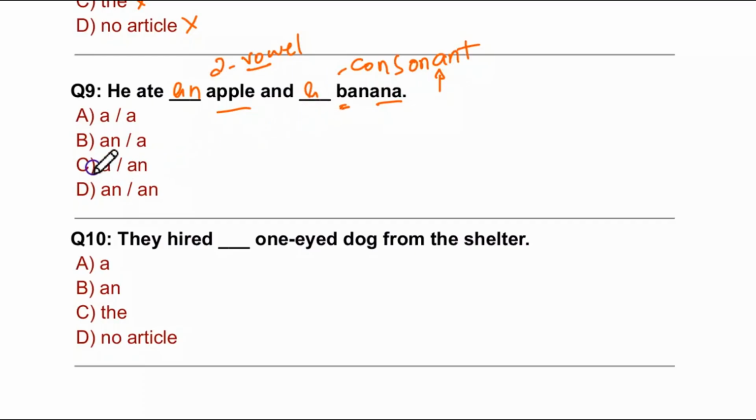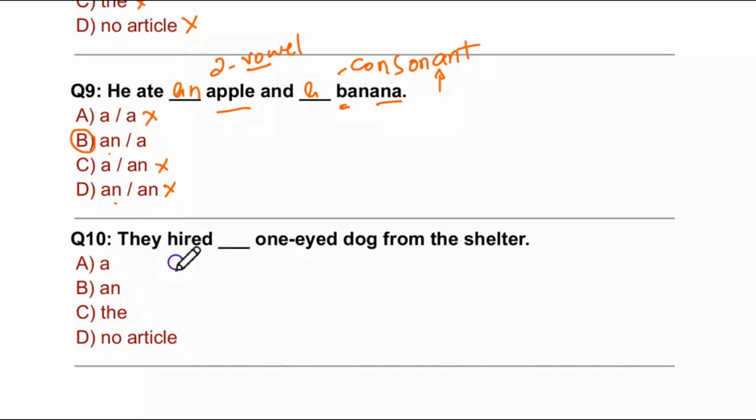So what's the correct answer? A is not the correct answer, C is not, and D is not. The correct answer is B. He ate an apple and a banana.